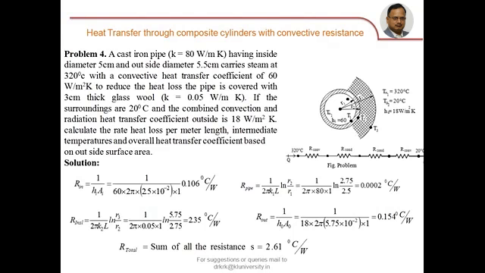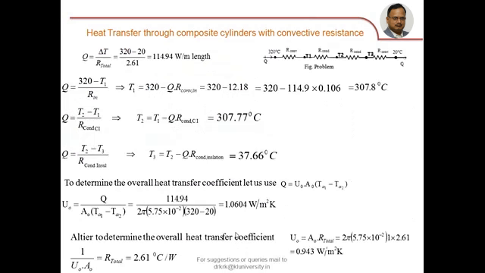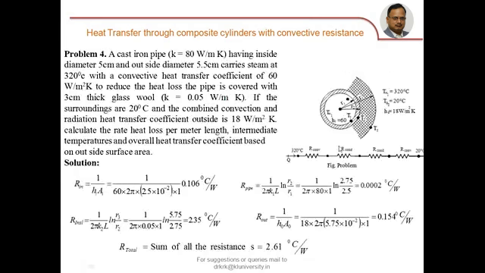Now this problem, in another direction, illustrates how difficult it is to calculate R total, this one, and then how difficult it is to calculate the Q value. Suppose in an industry you are asked to determine the rate of heat transfer from the inside pipe to the outside environment, which is covered with layers of insulation like this.